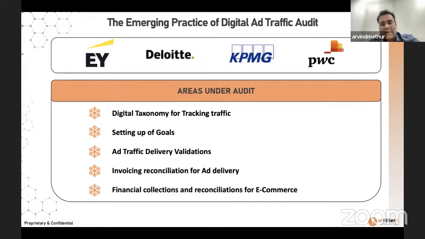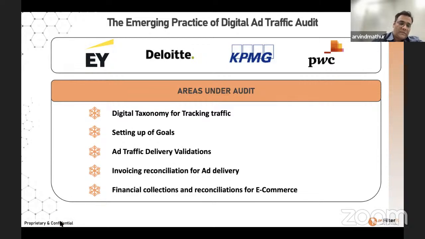Further, there's also an event pixel that can be used to track every event down the funnel. So whether you have registrations, leads coming in, or e-commerce sales happening, all of those can be tracked for genuine versus fraudulently driven transactions. We can track both of these, and that gets the brand the full protection that we speak of.